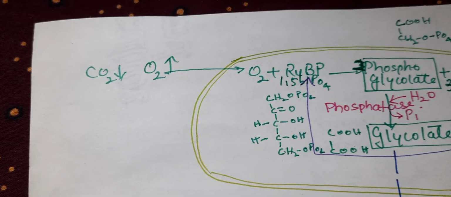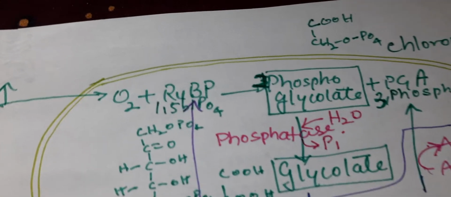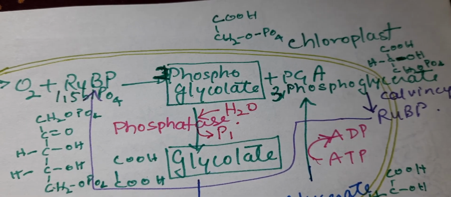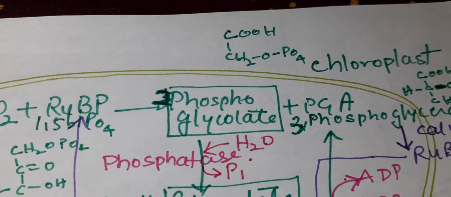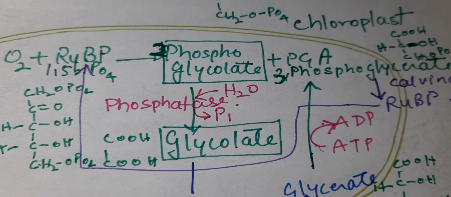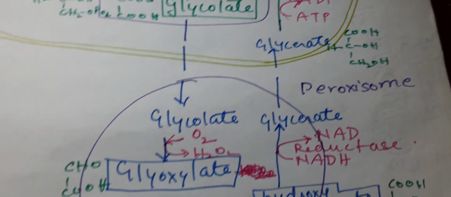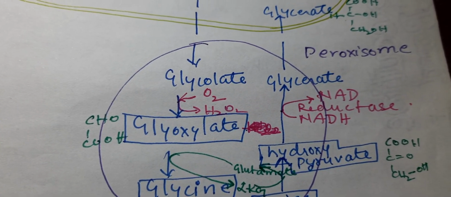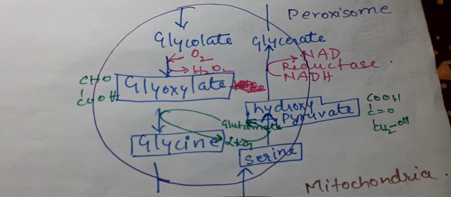When the concentration of carbon dioxide is less and oxygen is more, then oxygen is going to combine with RuBP and it forms 2-phosphoglycolate. You can see 2-phosphoglycolate is a 2-carbon compound and it gets converted into glycolate by removal of phosphate by the enzyme phosphatase. The glycolate then moves to the peroxisome where it gets converted into glyoxylate, and the glyoxylate forms the glycine.